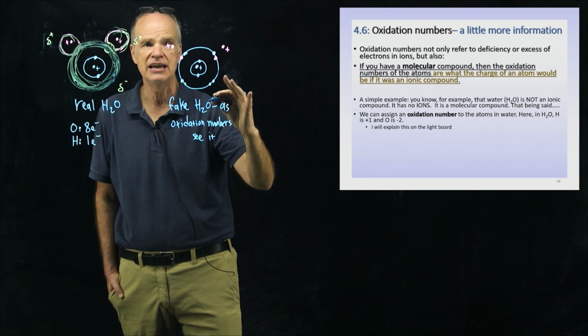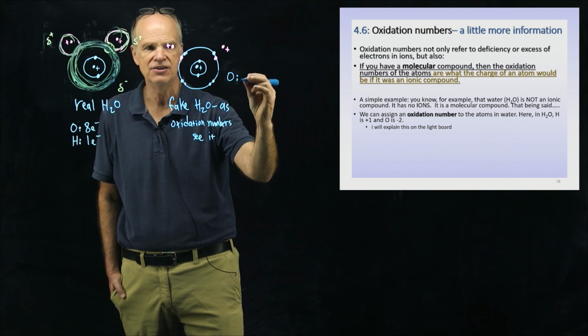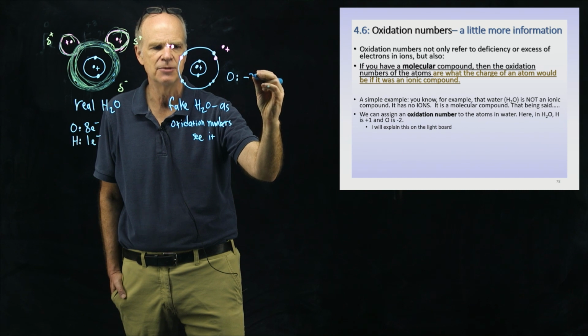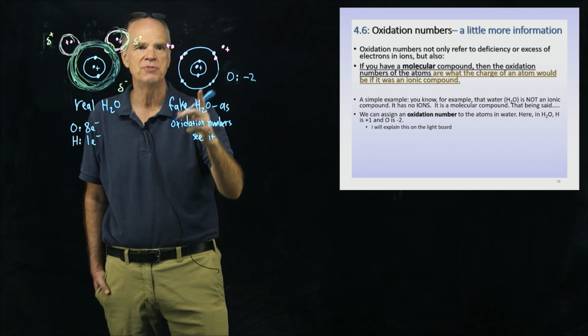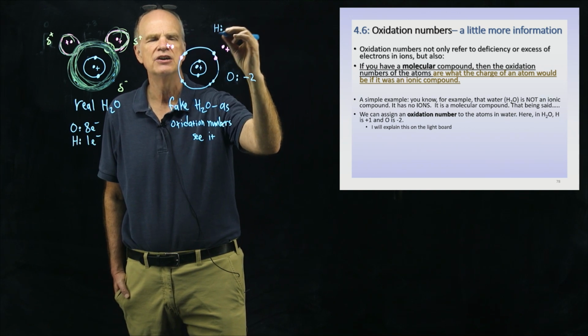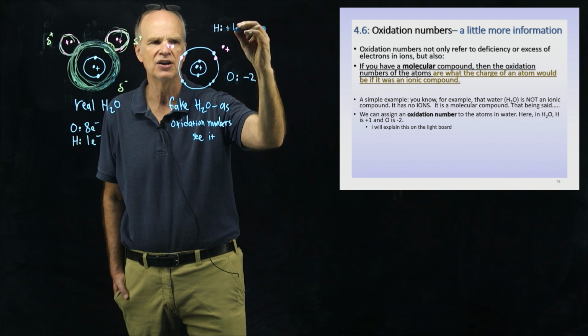And so to indicate that with an oxidation number, we say oxygen has gained electrons, so we'll say it's negative. And so it has an oxidation number of -2 because it's picked up 2 extra electrons. Well, hydrogen here, each of them has lost 1 electron, so its oxidation number is +1.